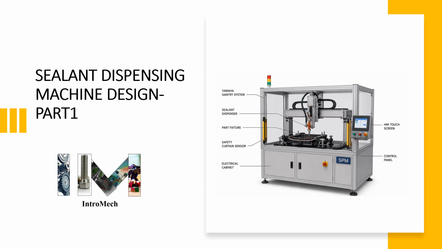From now onwards, I'm starting a new series in which we will be discussing how to design a complete special purpose machine. Starting with a cylinder dispensing machine, we will go to different kinds of special purpose machines. And when I say how to design, we are not going to discuss how to model it in some 3D software, because that is a secondary part that you can learn.